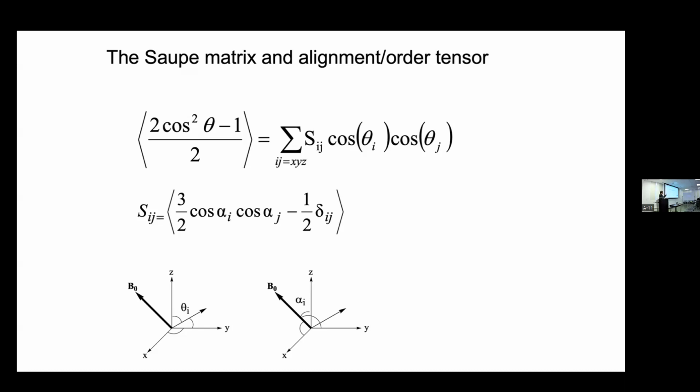Now, if I have a bond vector in this space, let's say I want to calculate (3 cos squared theta minus 1) over 2 for that vector. Once I know the alignment tensor, it's only a matter of taking this vector, projecting it along z, getting the projection of the length along z, multiplying it by the length of SZZ, plus projecting the vector to x, multiplying by the length of x, projecting to y, multiplying by the length of y, and adding up.